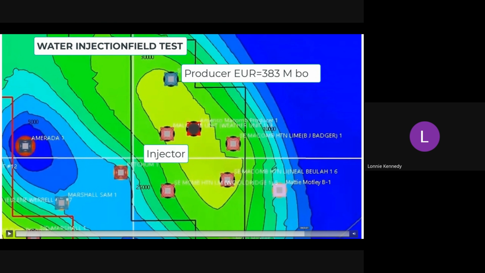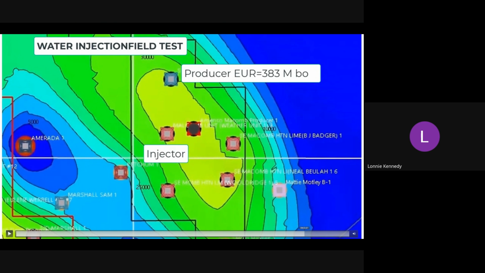I didn't put the decline curve in it, unfortunately. He had one well producing out of that, and that producer went from like a barrel or two per day up to 150 barrels a day within a few weeks after he started the injection. And so the decline curve for this well gives him about 383 million barrels.